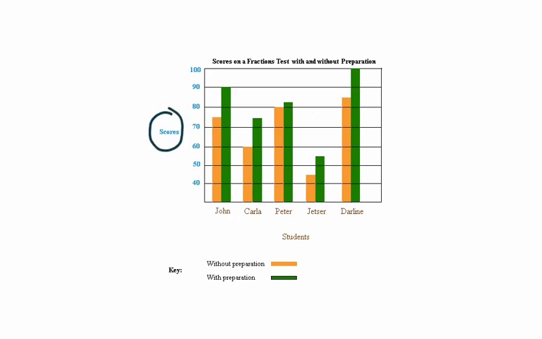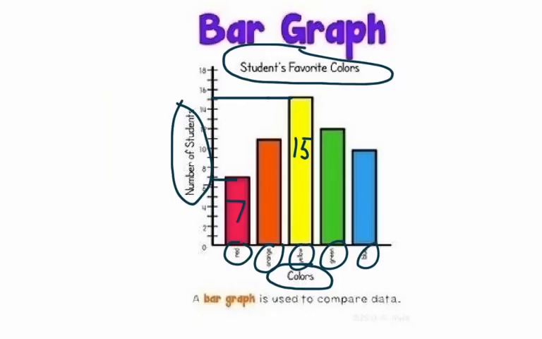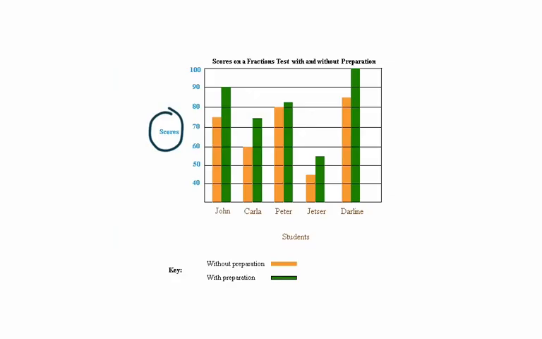Now, I want you to notice something about this bar graph compared to this bar graph. Okay? Look at how our numbers go up here. Our numbers go up one tick at a time. If we're looking over here, 1, 2, 3, 4, 5. It starts at 0 and goes to 1, then goes to 2. This one doesn't have anything down here, and it starts at 40. Which is perfectly okay.